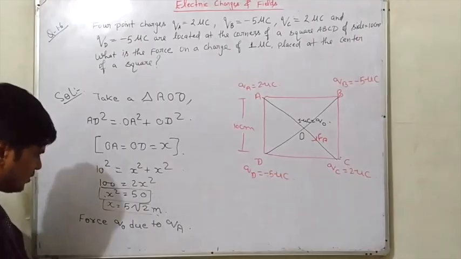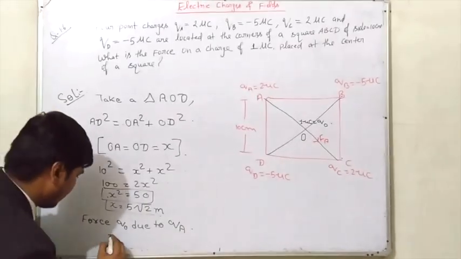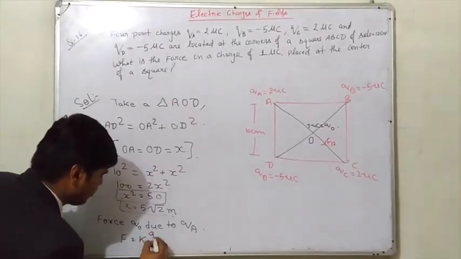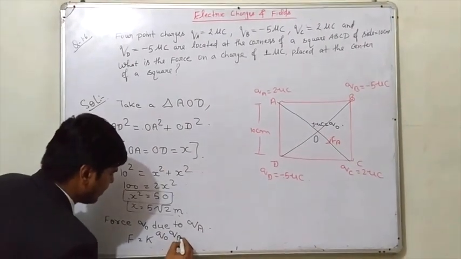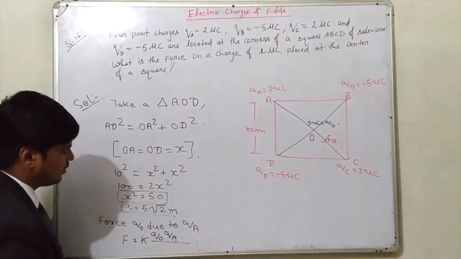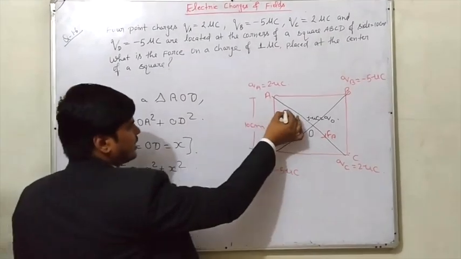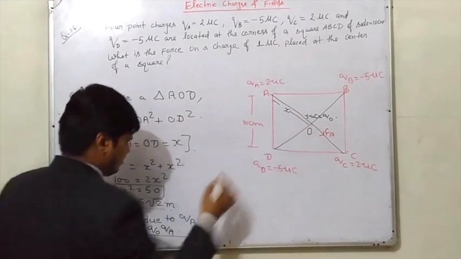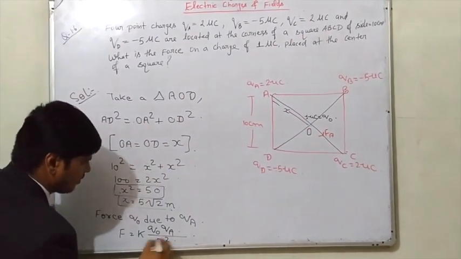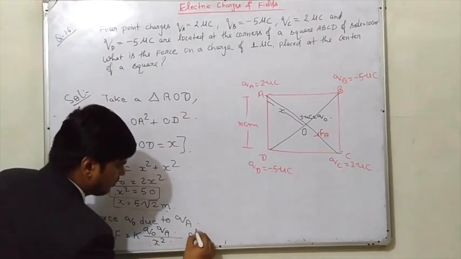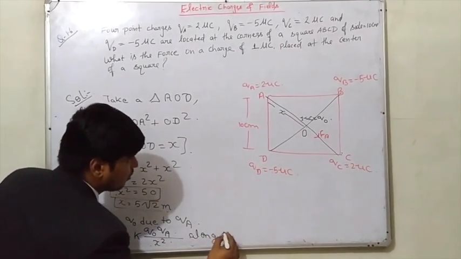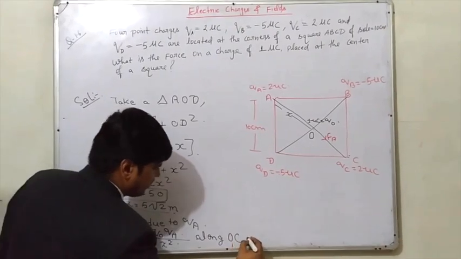Then the value of force on Q naught, F equal to K Q naught QA upon distance, that is X square. Direction along OC. Okay, equation 1.